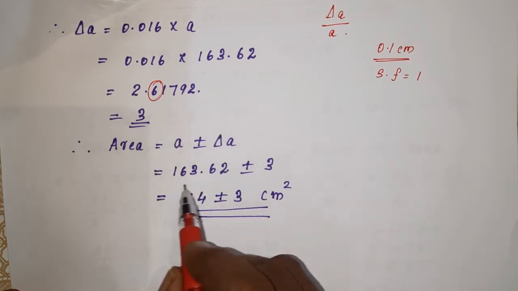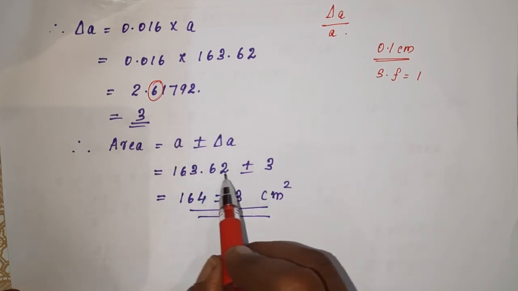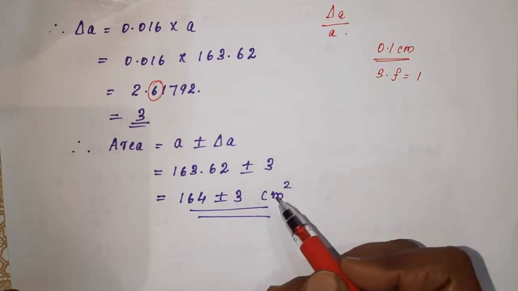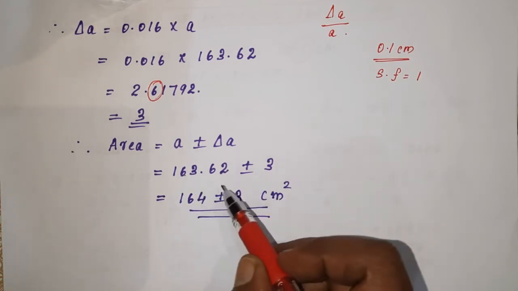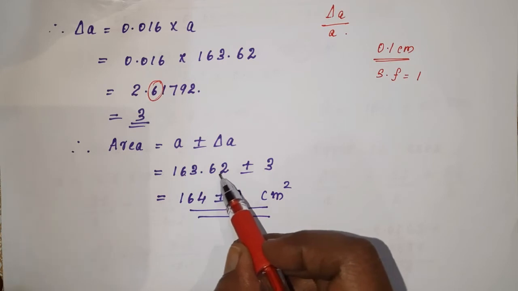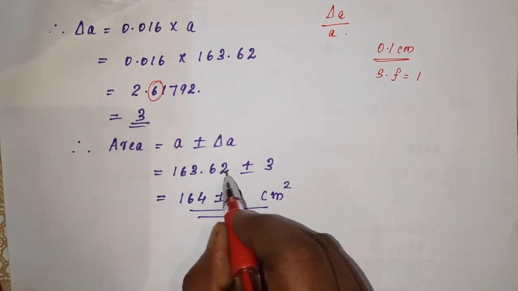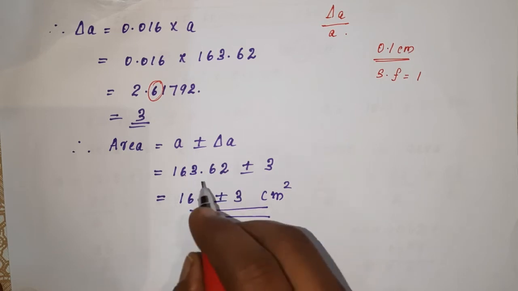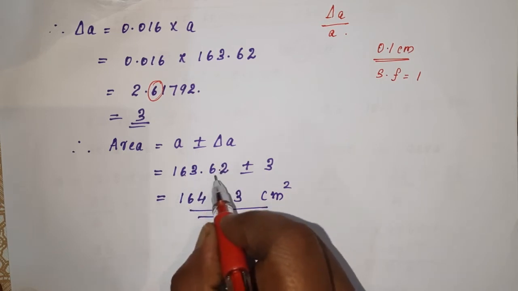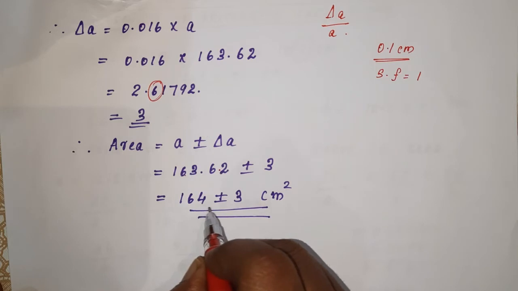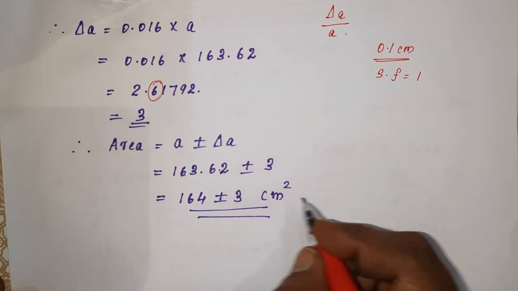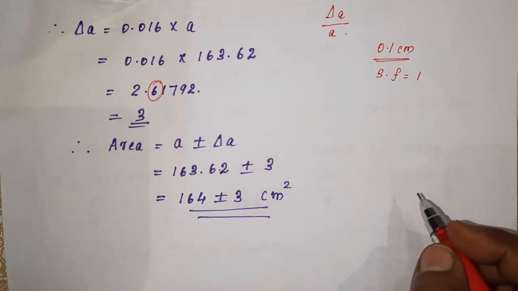Now writing the area in the quoted form, 163.62 plus or minus 3. In the measured value you are not supposed to write like this, because it is not certain up to 5 digits, only 3 digits. So we can round here also, and it becomes 164 plus or minus 3 centimeter square.